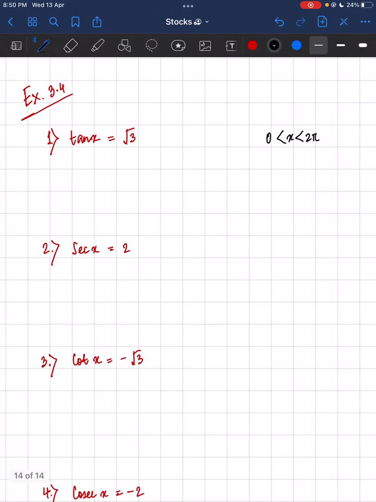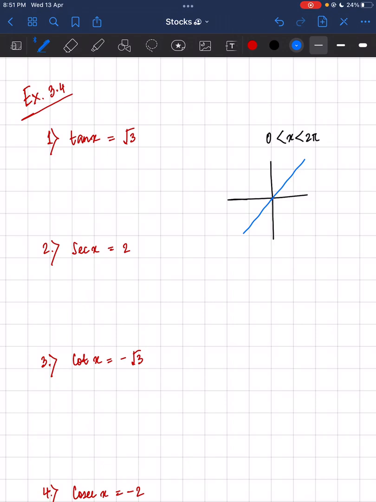If I draw the quadrants here, we know that in the first quadrant all are positive, in the second quadrant sine, third quadrant tan, and fourth quadrant cos. So tan is positive in the first quadrant and in the third quadrant. Basically the angle must lie in the first quadrant and the third quadrant.